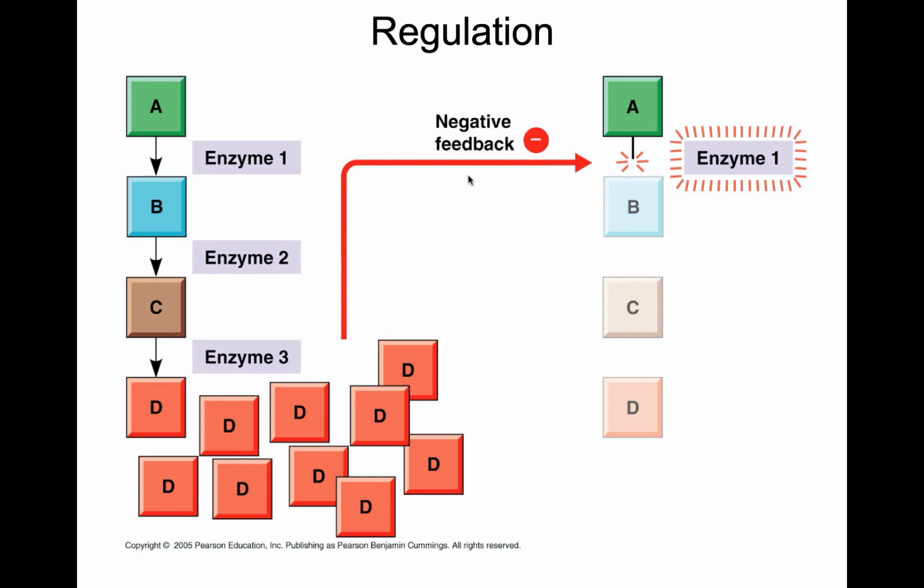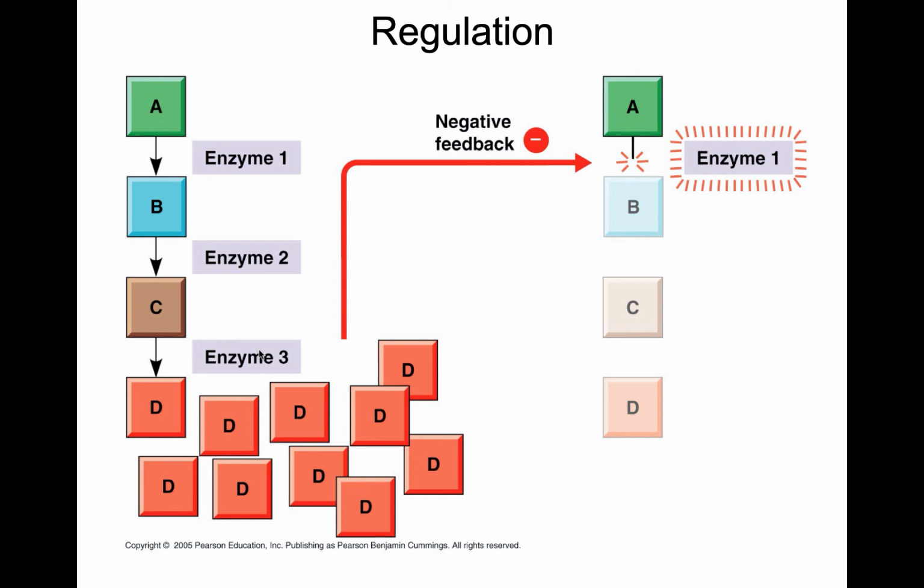So what we have here is a very abstract series of chemical reactions in which an initial precursor A is turned into an intermediate B, is turned into an intermediate C, is turned into a final product D. And at each step, these reactions are catalyzed by enzymes. Okay, without the enzymes, reactions don't occur.